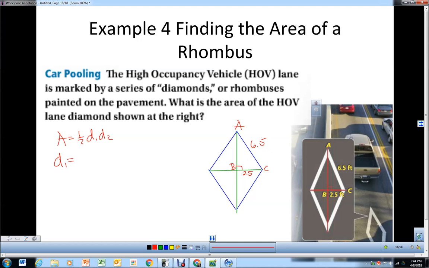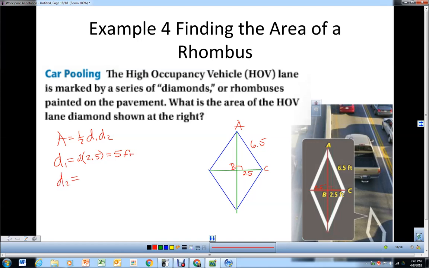We know this side BC is 2.5. That means that this side is also 2.5, which means diagonal 1 is going to be 2 times 2.5, which is going to be 5. So 5 feet would be our first diagonal.